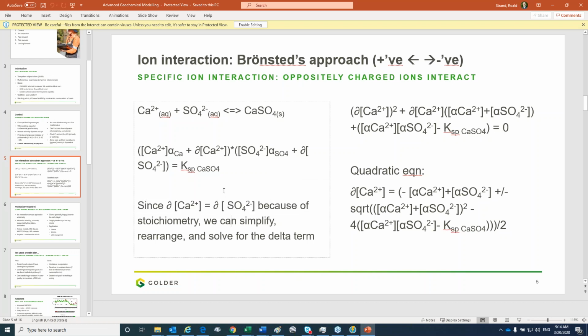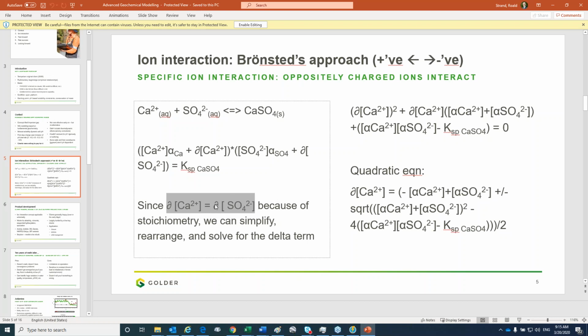Now what this does is it actually calculates how much that is, and this is the overall crux of the entire process. Fortunately it can be applied to a broad number of cases, including sequential addition, hydroxide on iron, and a number of other things that we'll get into in a minute. Basically this is how it looks once you multiply those together, and then we just resolve this, setting dCA equal to dSO4 because of stoichiometry.